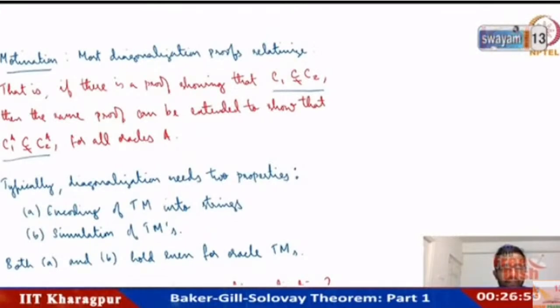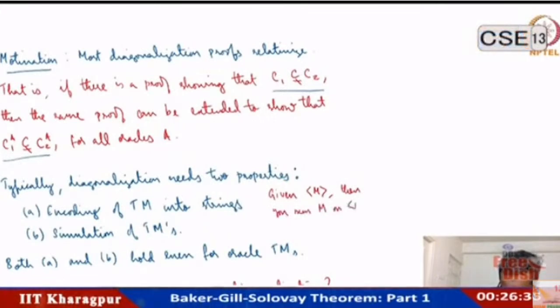One is that we need to be able to encode the Turing machine into some strings. So we usually say things like, given the description of a Turing machine M, you run the Turing machine M on its own description and then flip the output.